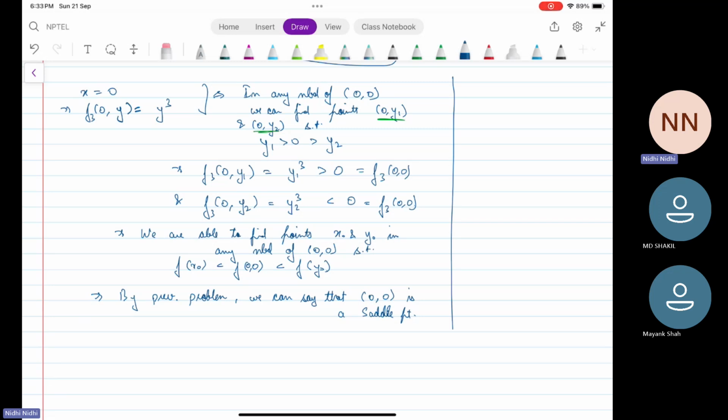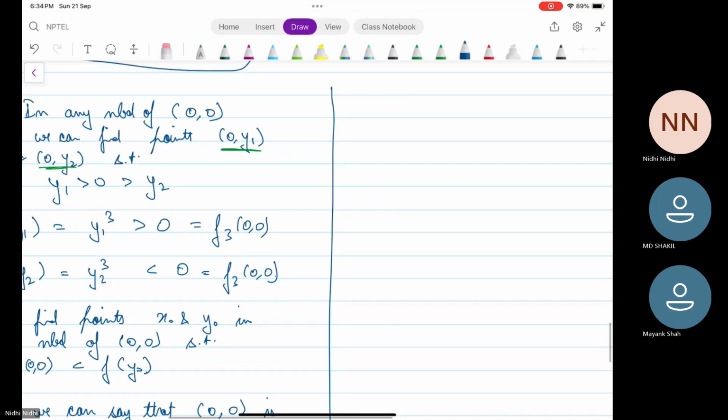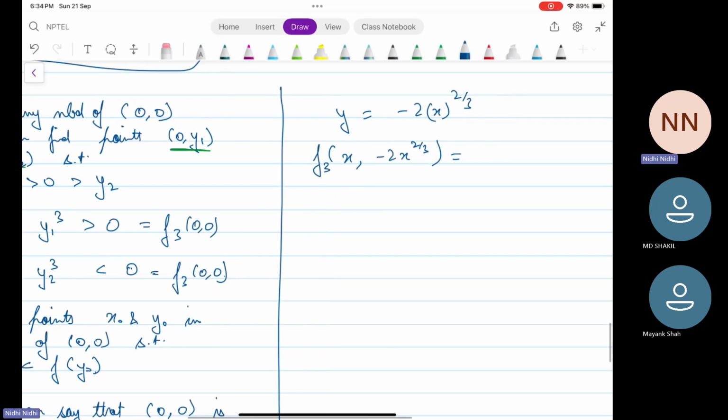Similarly, you can take a path. What I did was walk along y equals to minus 2x to the power 2 by 3. In that case, for x, comma minus 2x to the power 2 by 3, that will give us x square minus 8x square.